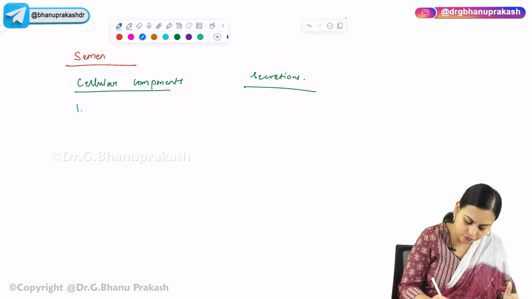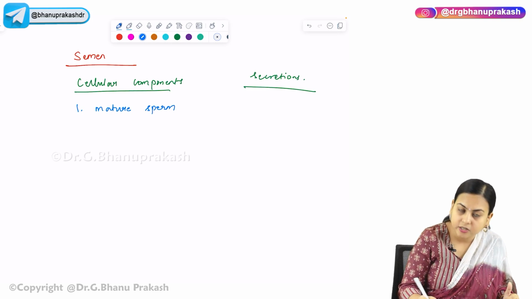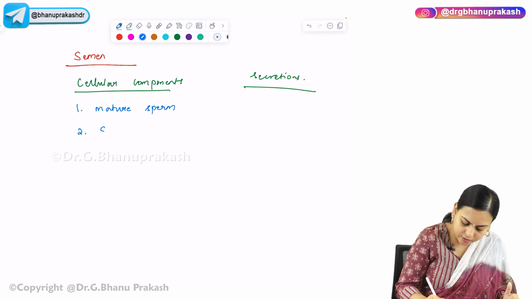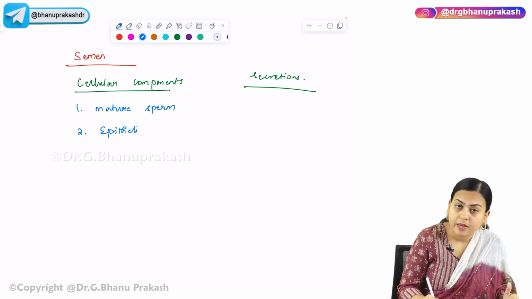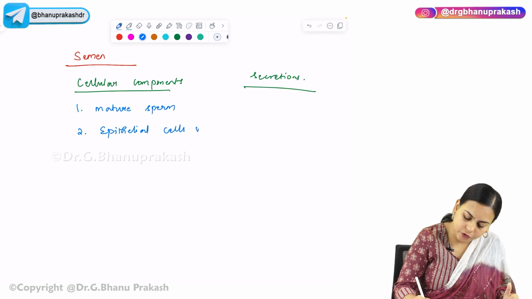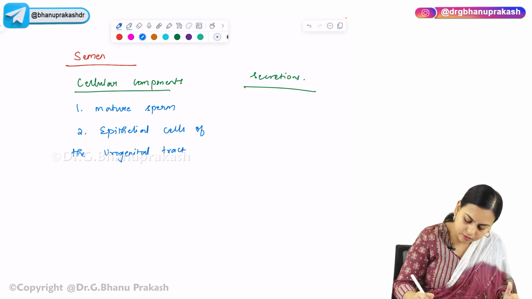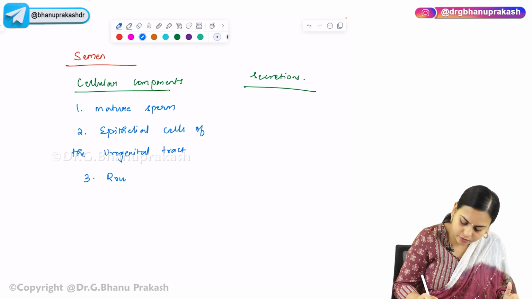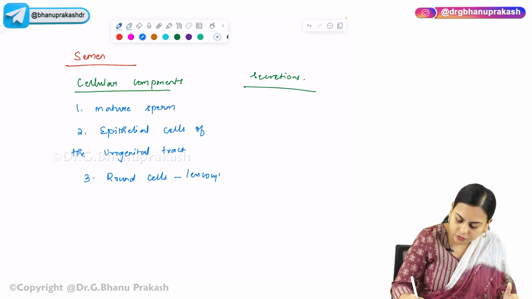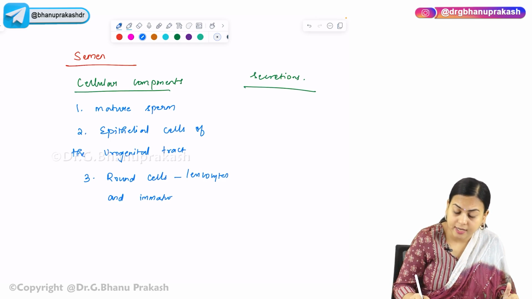Mature sperm itself is a cell, right? So you have mature sperm, then epithelial cells of the urogenital tract, then round cells, that is leukocytes, and immature cells as well.